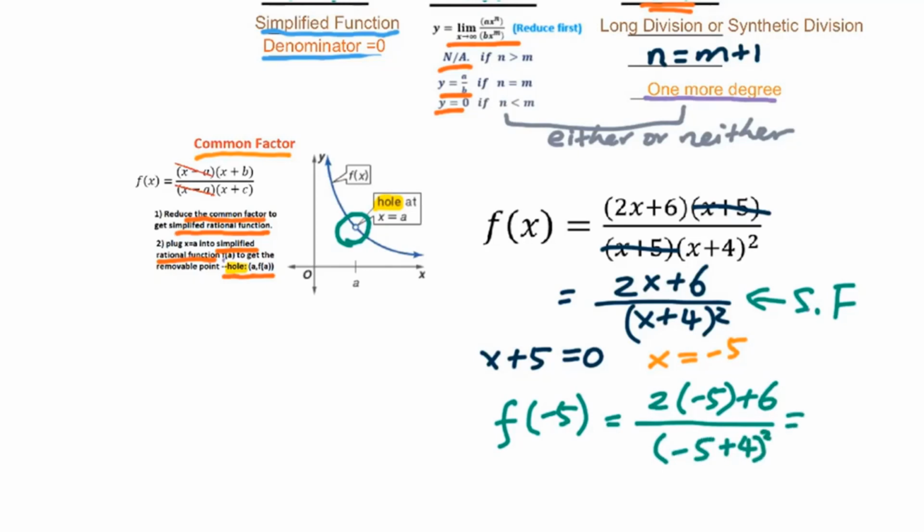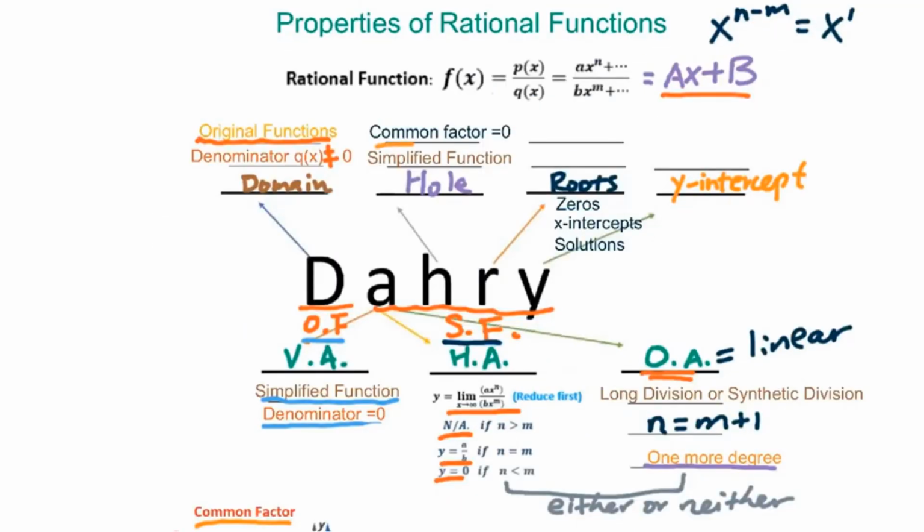That is negative 4. Therefore, negative 5, negative 4 will be the hole. Therefore, common factor is the keyword for the hole, and remember to plug into the simplified rational function.